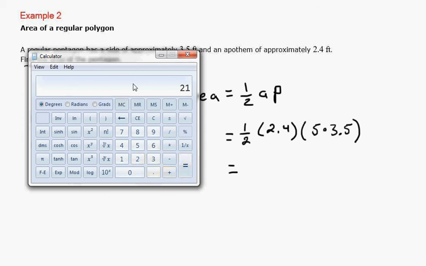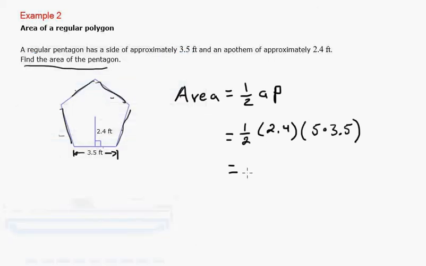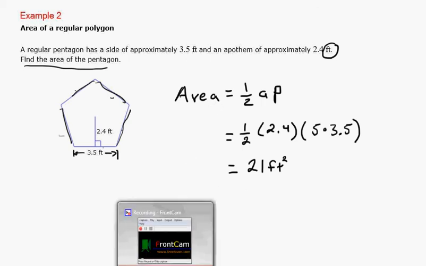So I get 21, and again, this looks like our units are feet, so I know it's area, so it's feet squared, feet times feet. That's how you do these problems. Remember that formula, and it's very easy. Good luck.